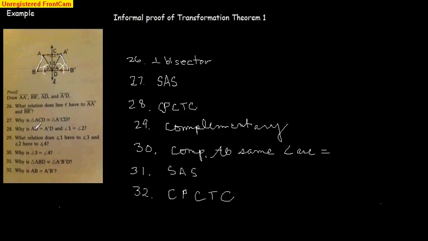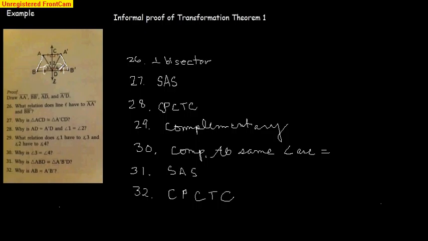Then it says, why is AD equal to A prime D, and angle 1 equal to angle 2? Well, if the triangles are congruent, then the parts are congruent by CPCTC. Congruent triangles have congruent parts. Then it says, what relationship does angle 1 have to 3 and 2 have to 4?